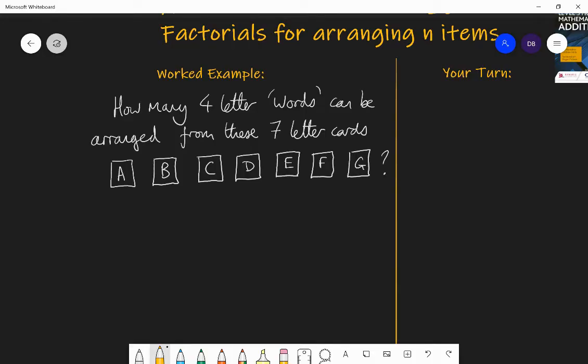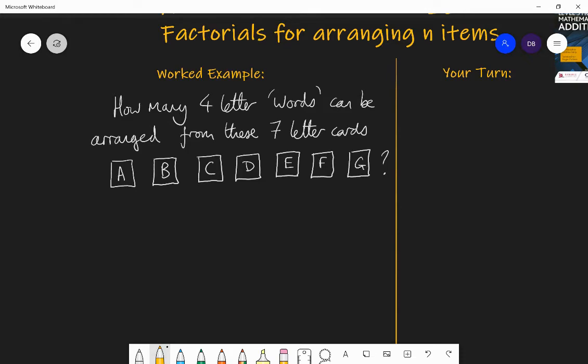And by the way, I'm taking a word to be any arrangement of 4 letters. It doesn't have to be in the dictionary. So, for example, A, B, C, D would be a word, even though it's not really a word. Okay, so any 4-letter word is anything that can be arranged with 4 of these 7 letters. So I want to know how many different 4-letter words can be arranged.